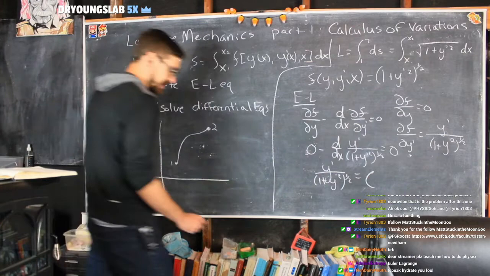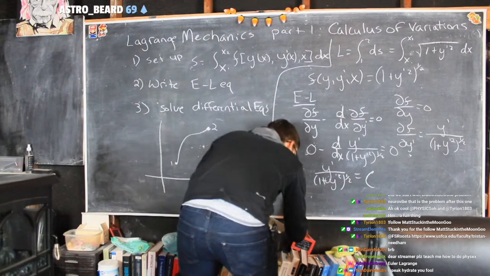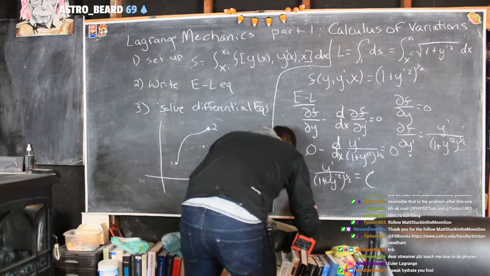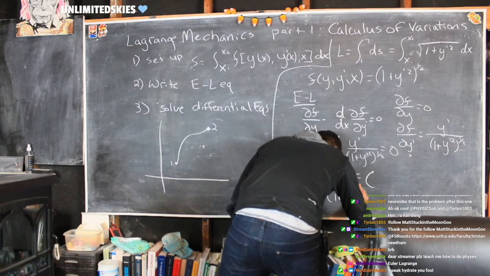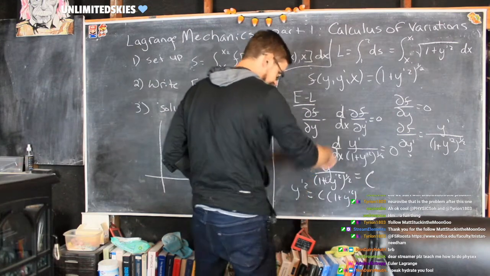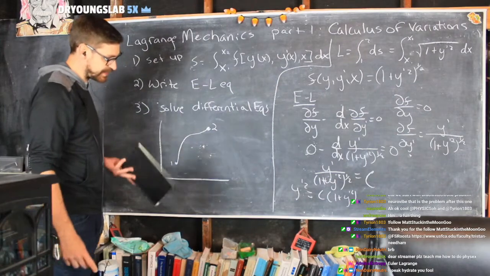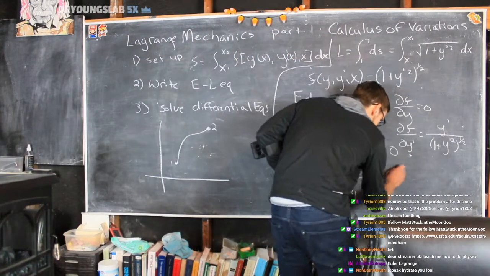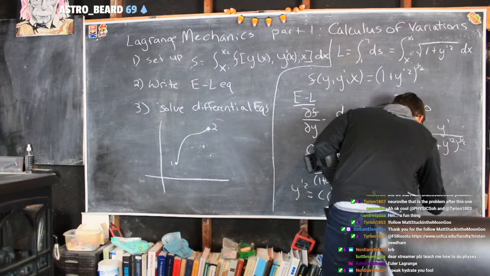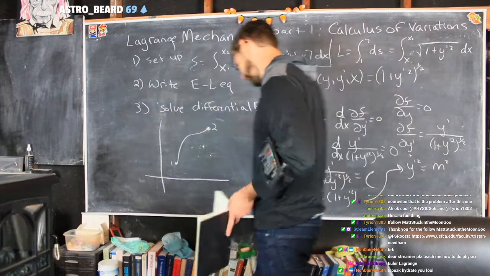Let's rearrange this to find that y prime squared is equal to c squared times 1 plus y prime squared, because we're going to square both sides. We're going to do some more rearranging, and we'll find that y prime squared is equal to some constant we'll call m squared.